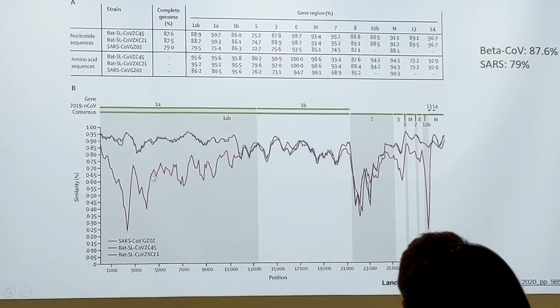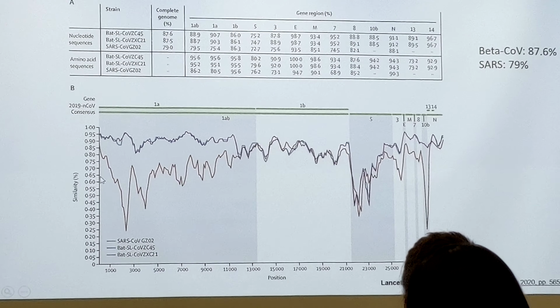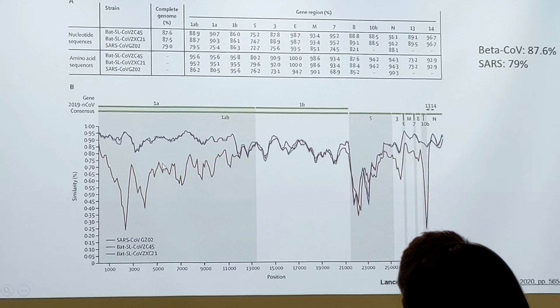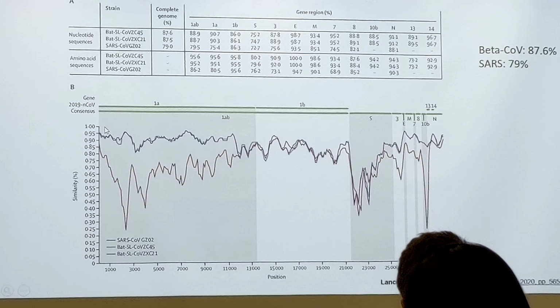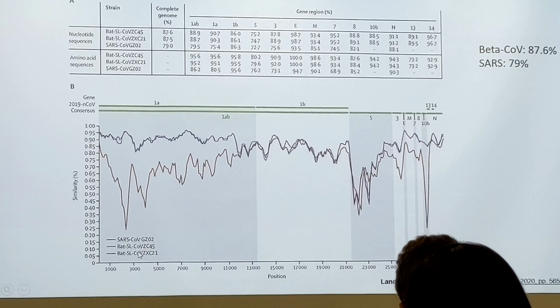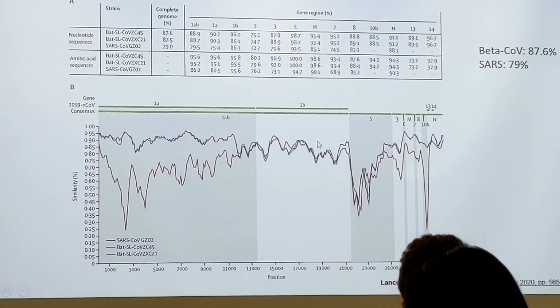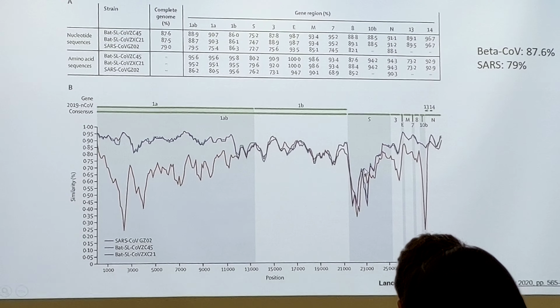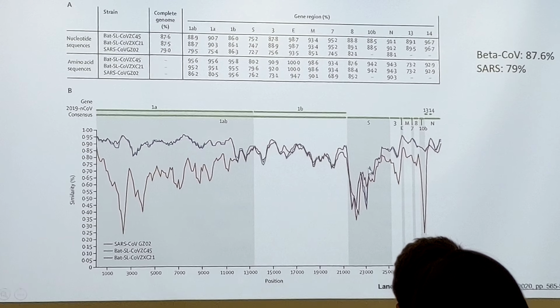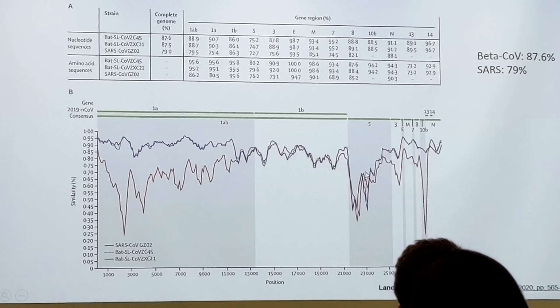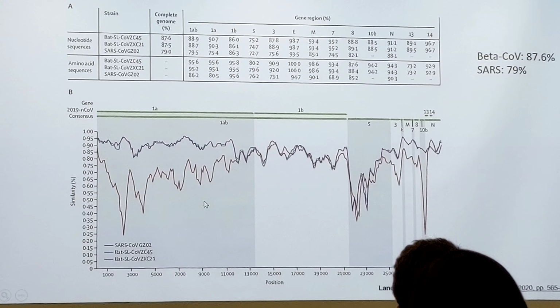You can see this red color is SARS, which is actually quite distant from this, the bad beta coronavirus. Except for a few key regions, such as the S protein, there are parts of the regions where SARS seems to be more similar.